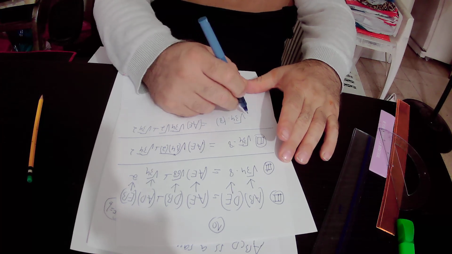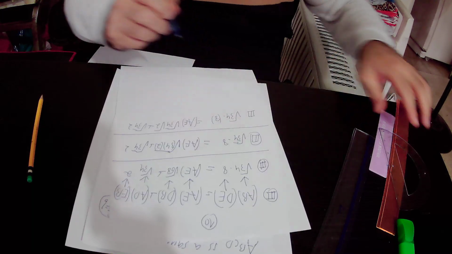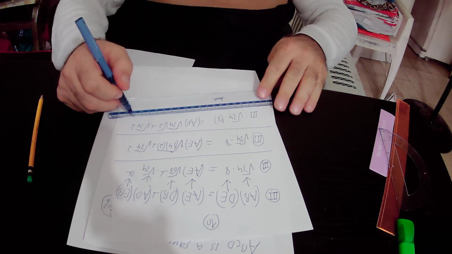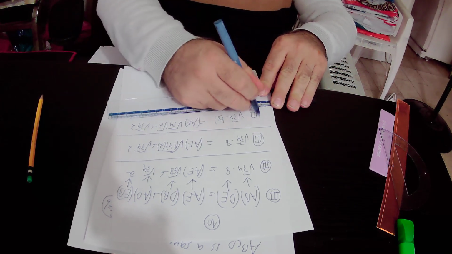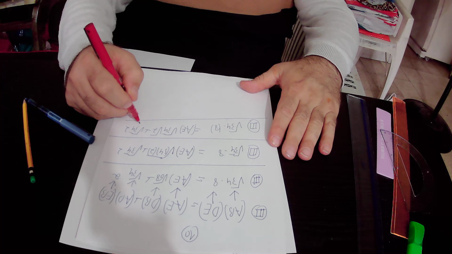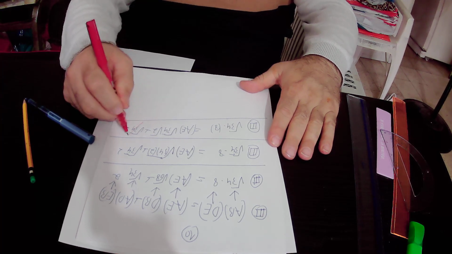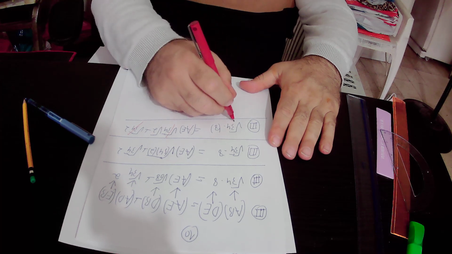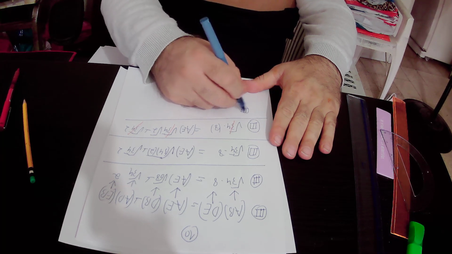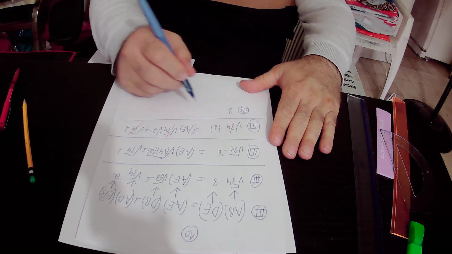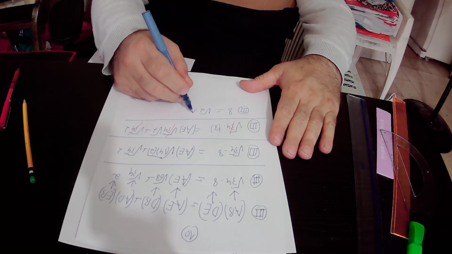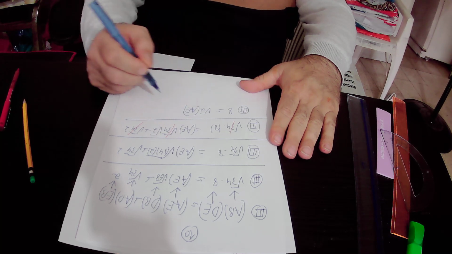Here we divide by the square root of 34, and the square root of 34 gets cancelled. What is left is 8 equals the square root of 2 times AE plus 2.